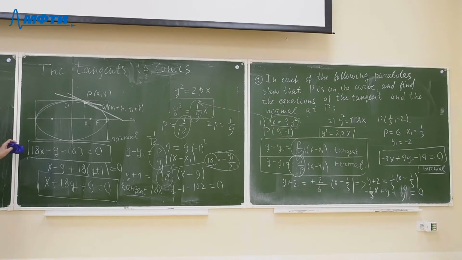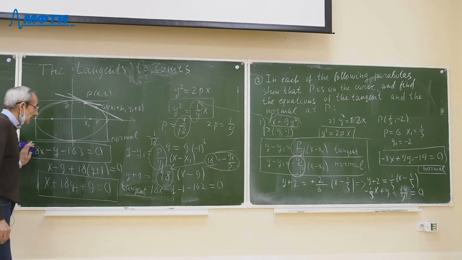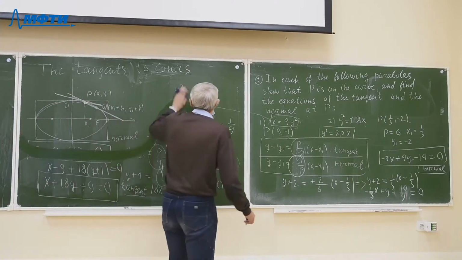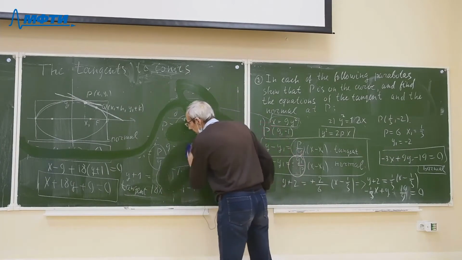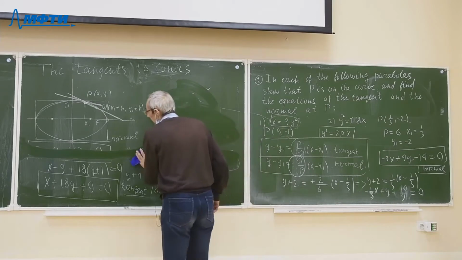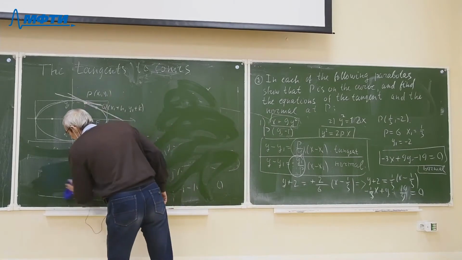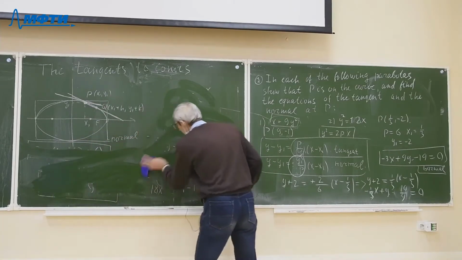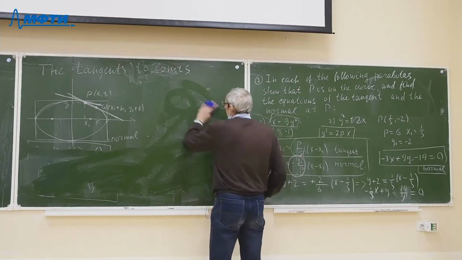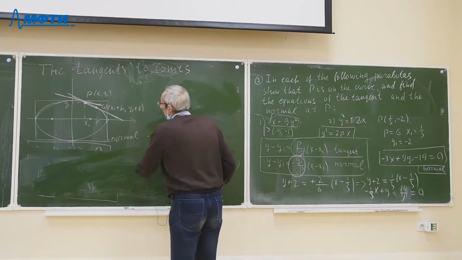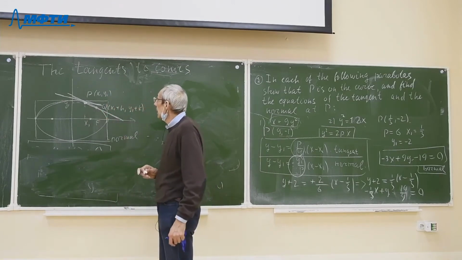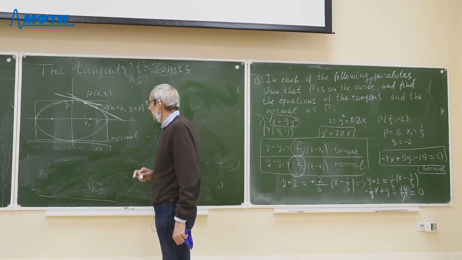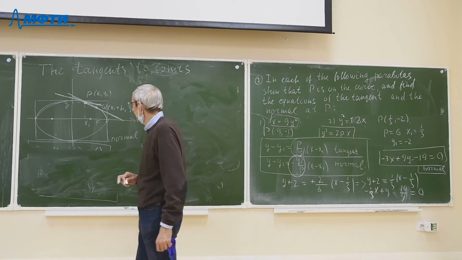I very briefly explain how to obtain this equation for ellipse. We have the same reasoning, and we obtain the same way as in the case of parabola, the equation for the tangent for ellipse.